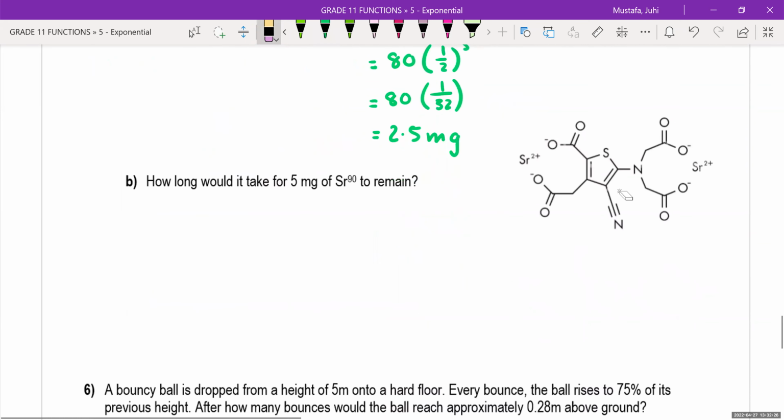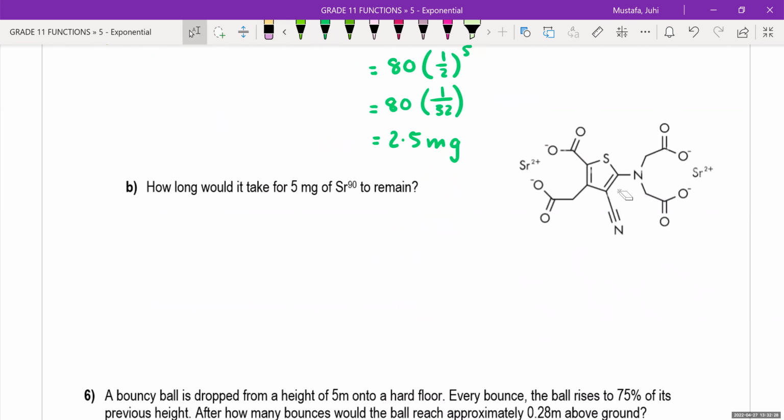Okay, last question. How long would it take for 5 milligrams of strontium 90 to remain? In this question, they're trying to ask us to find out what the letter T is, but what if they told us 5 milligrams, where's that going to go? Not time, but it's going to go into A of T. Good.